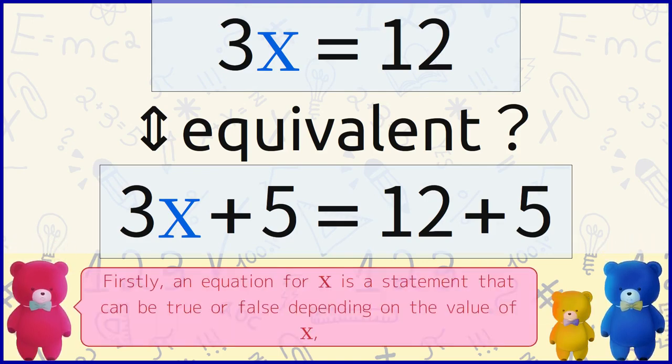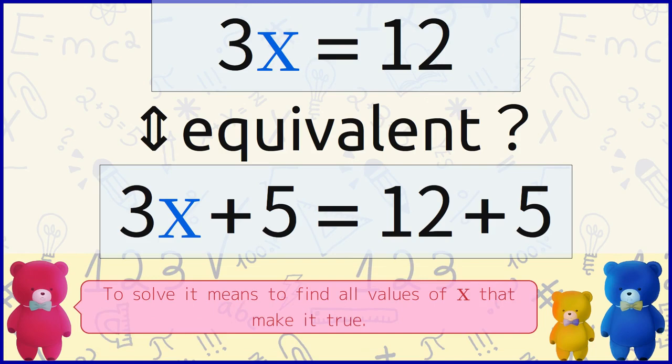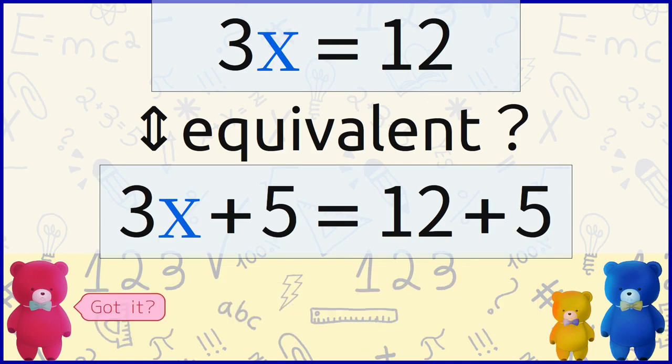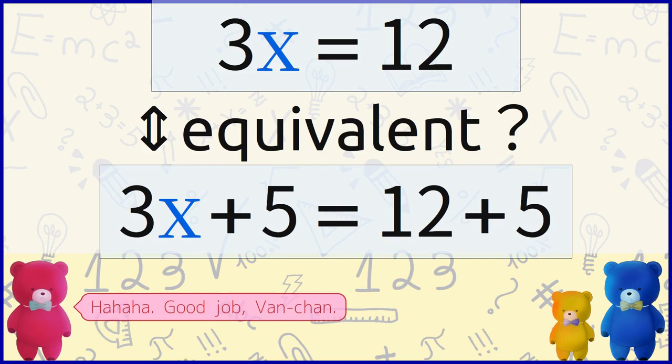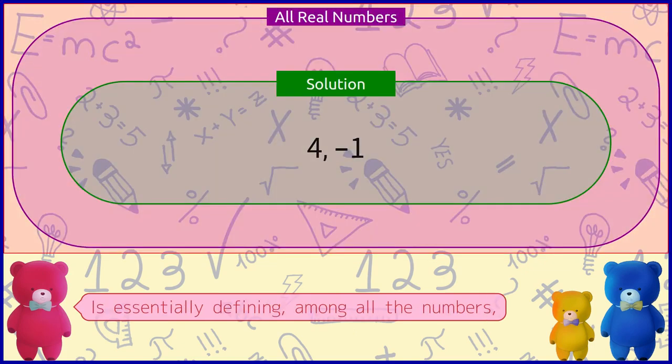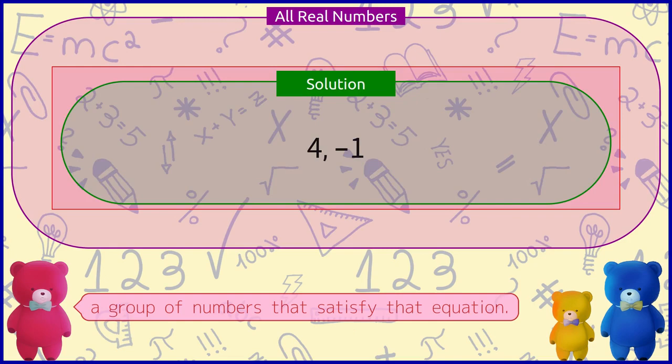Why is that? Firstly, an equation for x is a statement that can be true or false depending on the value of x. To solve it means to find all values of x that make it true. Got it? I got it. I saw it in the previous video. Oh, good job, Ben-chan. Another way to put it is that an equation is essentially defining, among all the numbers, a group of numbers that satisfy that equation.